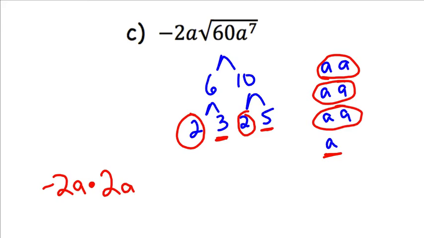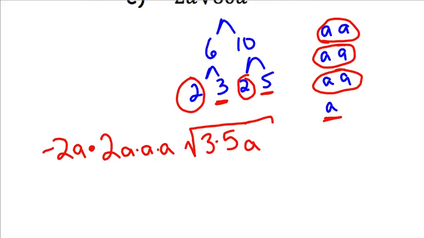Or if you know that that's A to the third power, you can just write A to the third power. Square root, put the numbers first, so 3 times 5. And then your variable second, we only had 1 A left.